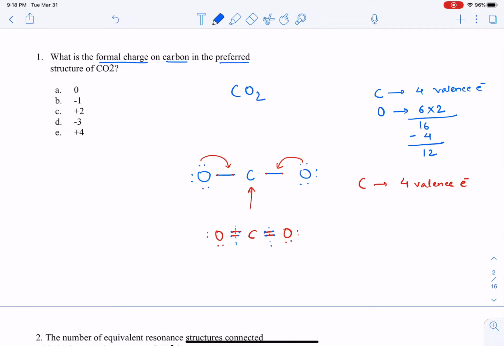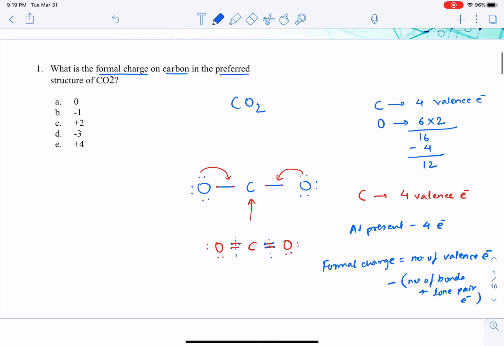So you can say that at present it has 4 electrons. So the formal charge says that number of valence electrons minus number of bonds, and in brackets we have lone pair electrons.